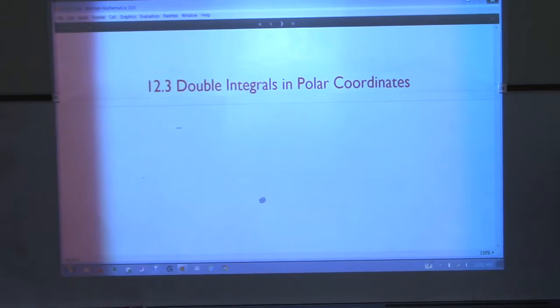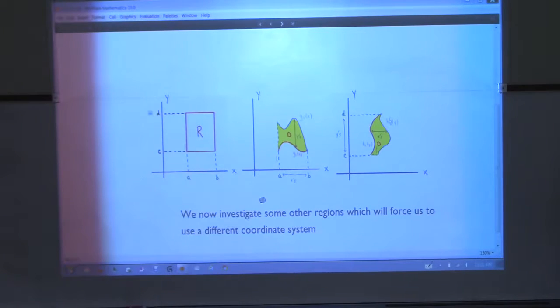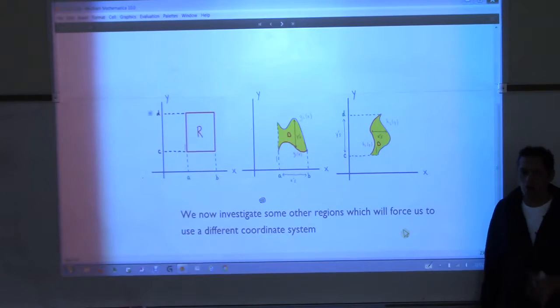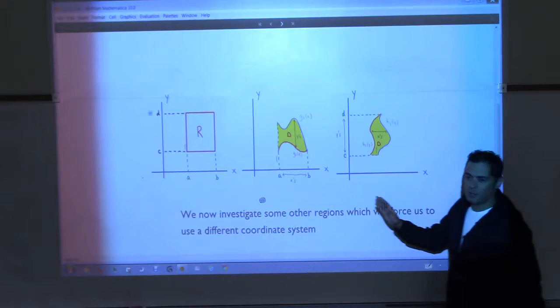Okay, it is. All right, we're doing double integrals in polar coordinates. So remember what we've established so far is that we can do the volume underneath the surface or between two surfaces so long as the region we're integrating over falls into one of these three categories.